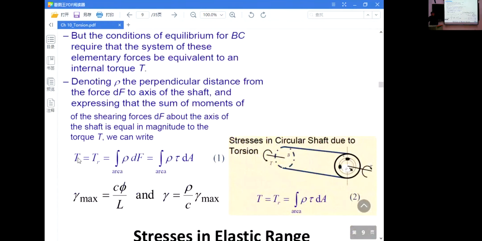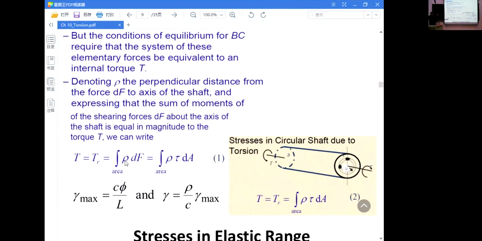So we can get T, because we know, suppose the torque for a given cross section is T. How to get T?